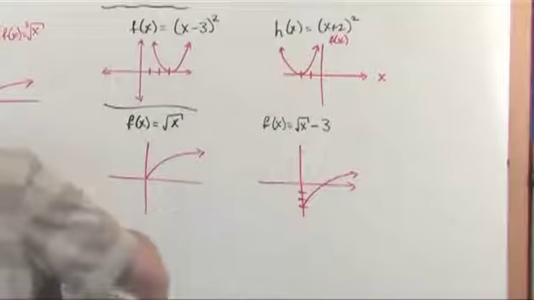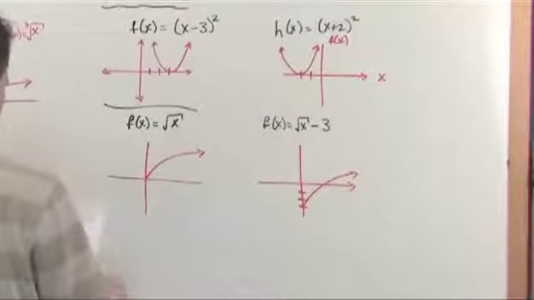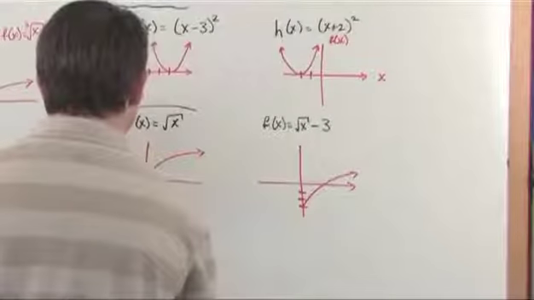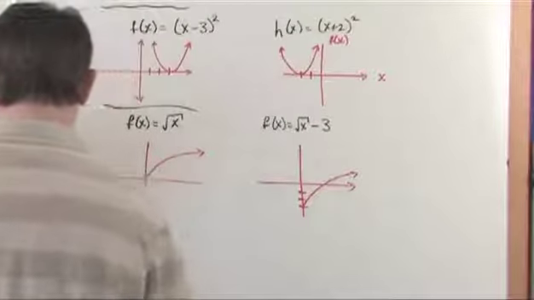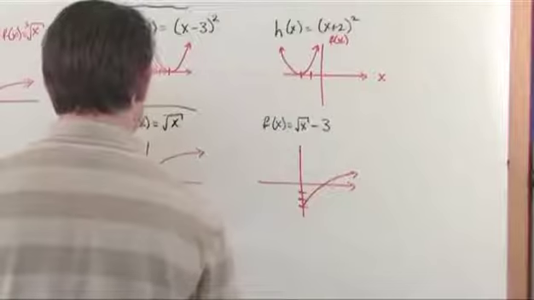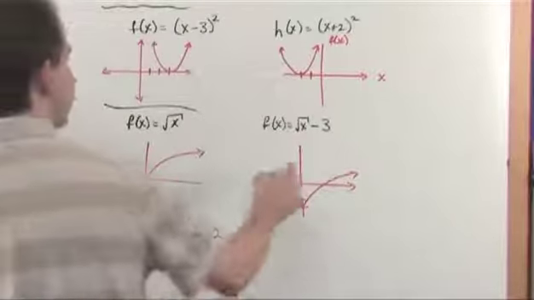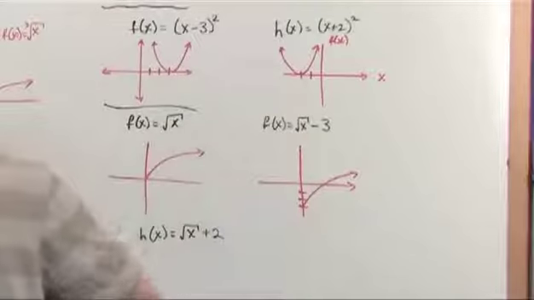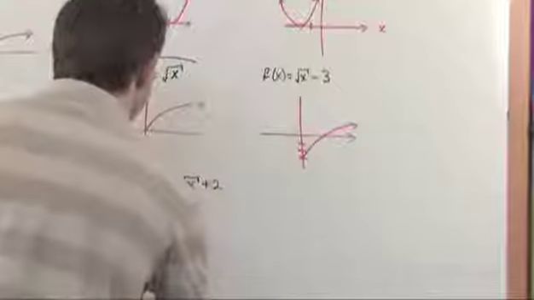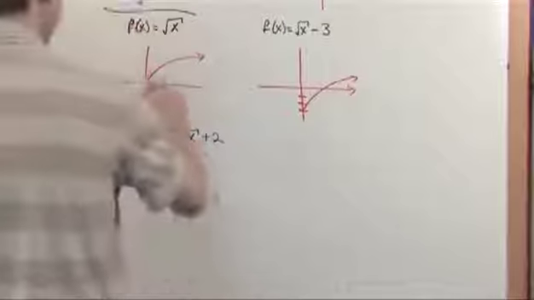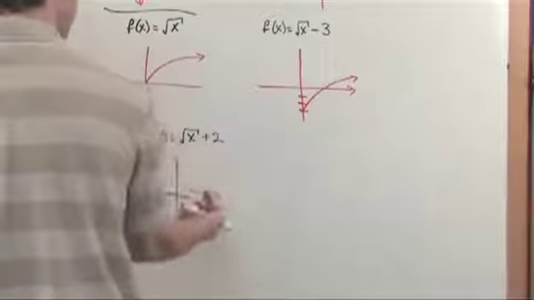And then finally, if they said, what if we do h of x is equal to square root of x plus 2. Instead of subtracting a value off, I'm adding a value. So the graph of that is going to look exactly like this graph, except instead of going down, it's going to go up.